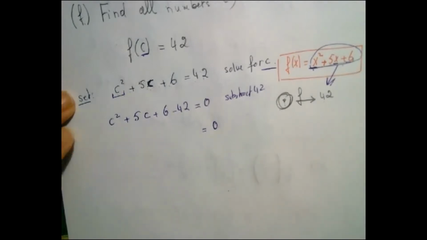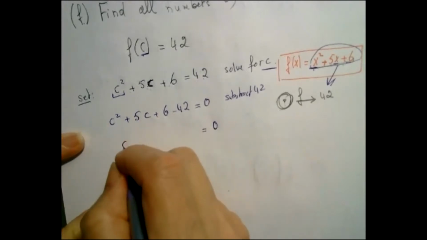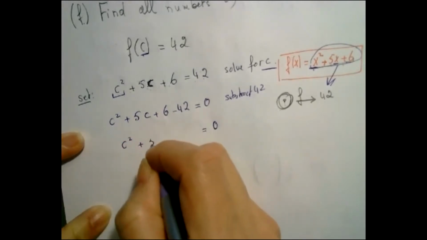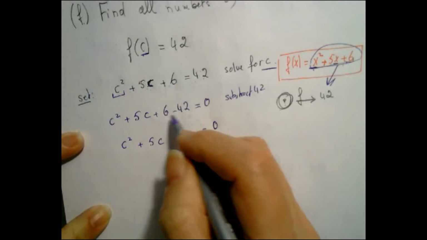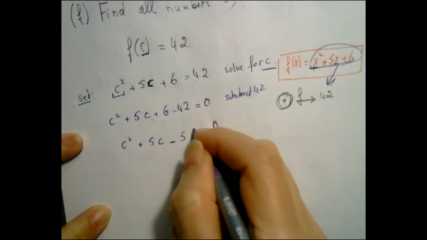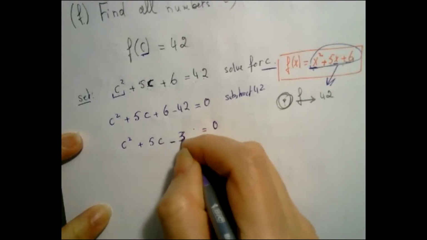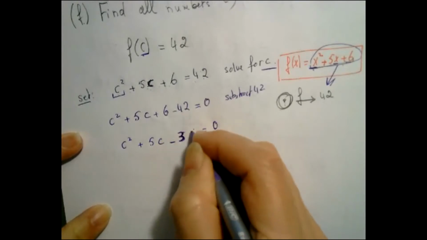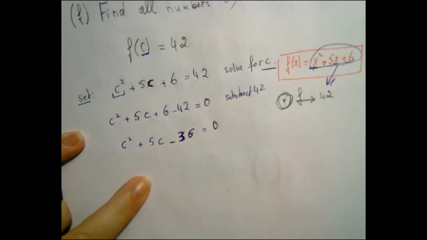Okay? So that's whenever it's a quadratic, the approach you will do. So it means c squared plus 5c. Now 6 minus 42 will give me how much? Minus 36. Okay.